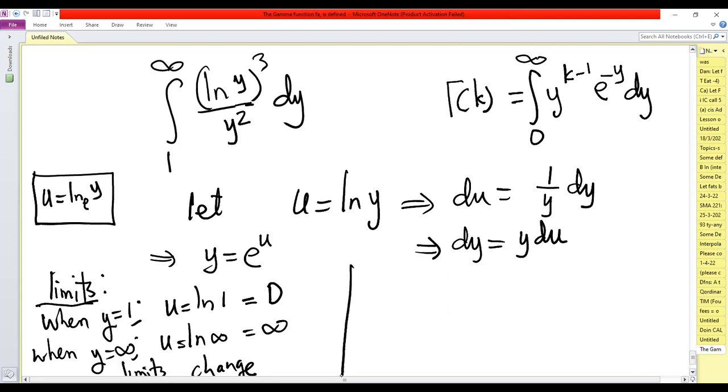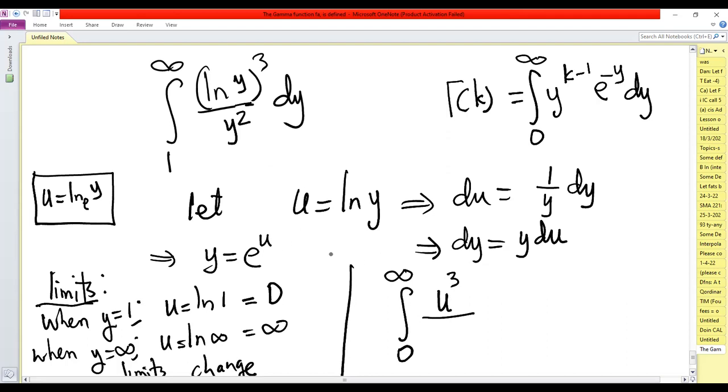So with those transformations, we'll have the integral from now 0 to infinity, not 1 to infinity, because we now want to use the variable u. Where there is ln of y, we put u, so we'll have u to the power 3 divided by y squared.